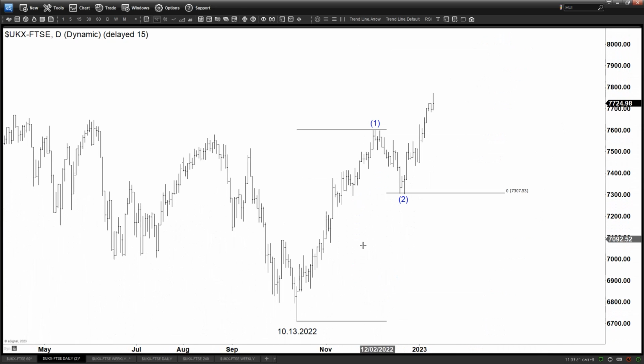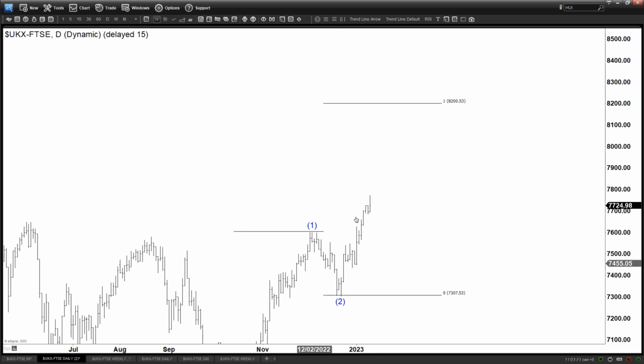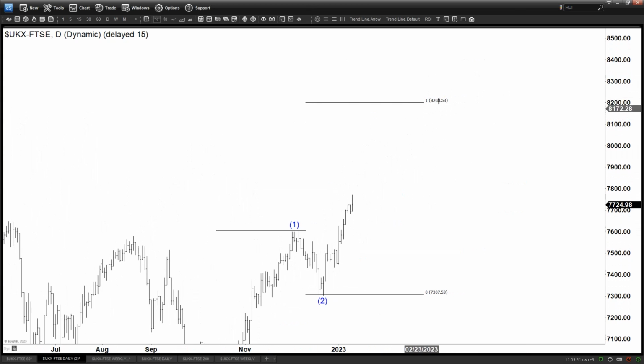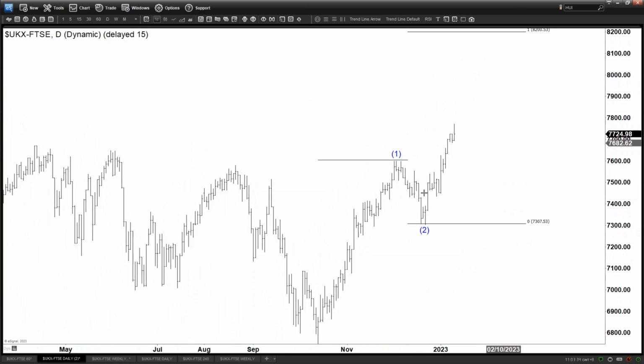But even in a corrective structure, usually when you have a high sequence, the third leg should reach 100%, which is 8200. So we're looking for more upside here until at least 8200.